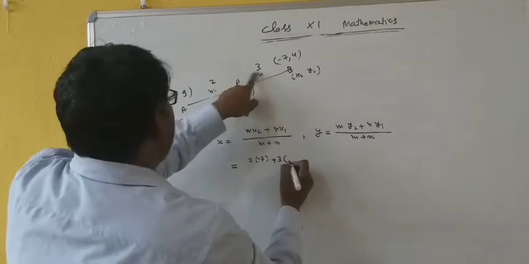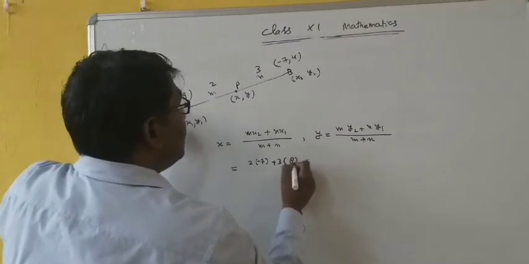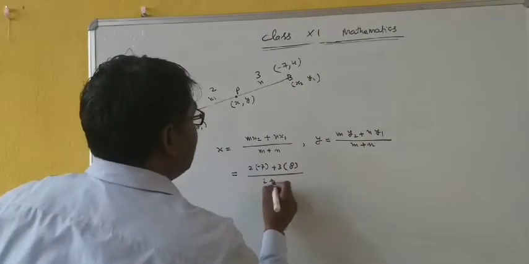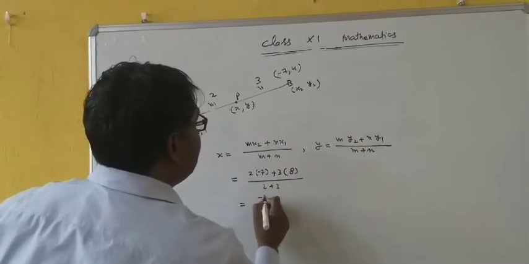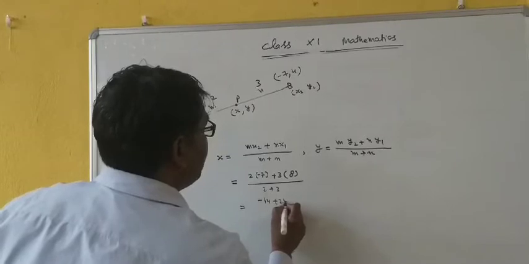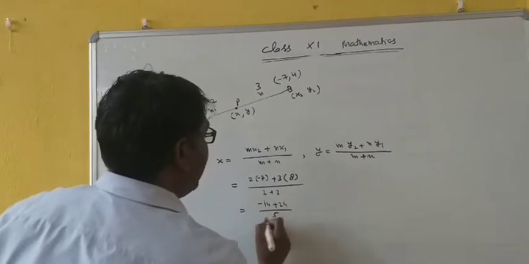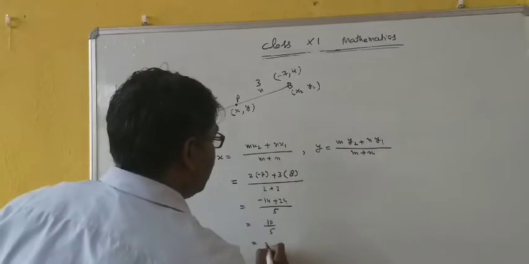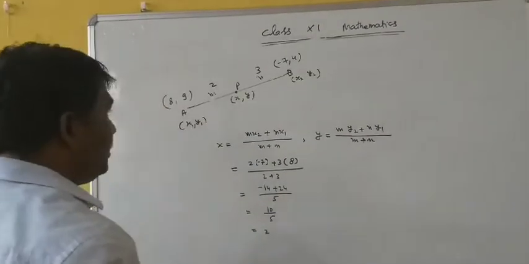This 3 you will multiply with this x coordinate 8, divided by 2 plus 3. You will get -14 plus 24 divided by 5, means 10 upon 5. This is 2.